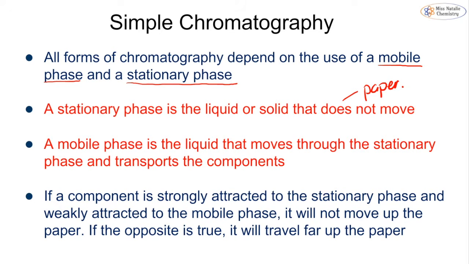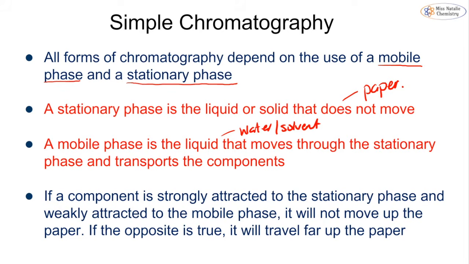The mobile phase is a liquid, or sometimes it's a gas if it's gas chromatography, but for simple chromatography it's always a liquid that will move through the stationary phase and transports the components. So this would be the water or the solvent that travels up the paper. So the mobile phase is the one that's moving, the stationary phase is the one that stays still.